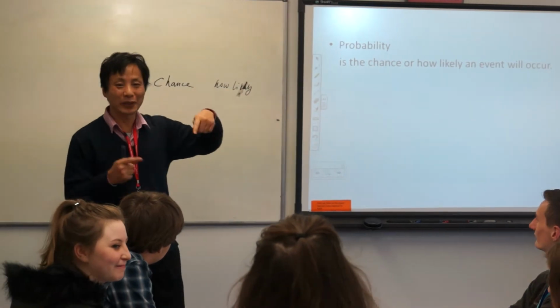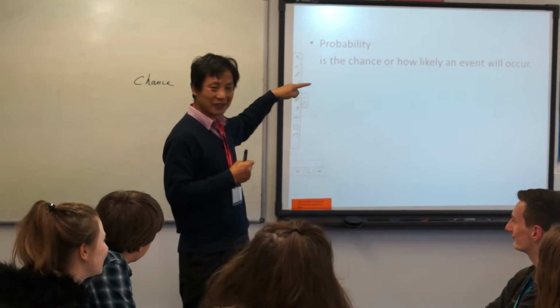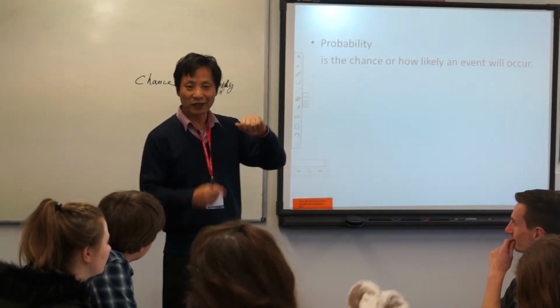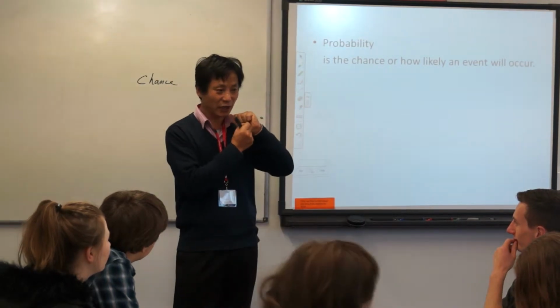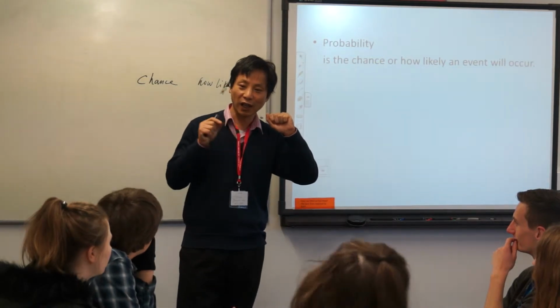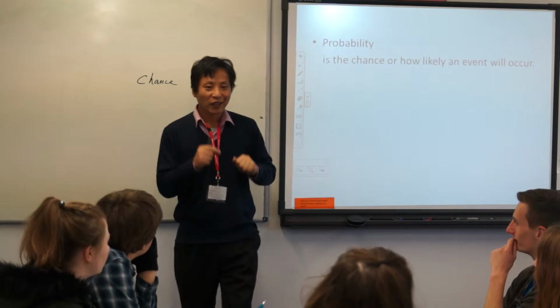We're learning probability, so I would believe probability is a chance of how likely an event will happen. So now I write a number in my hand and tell you it's a whole number between 1 and 10.